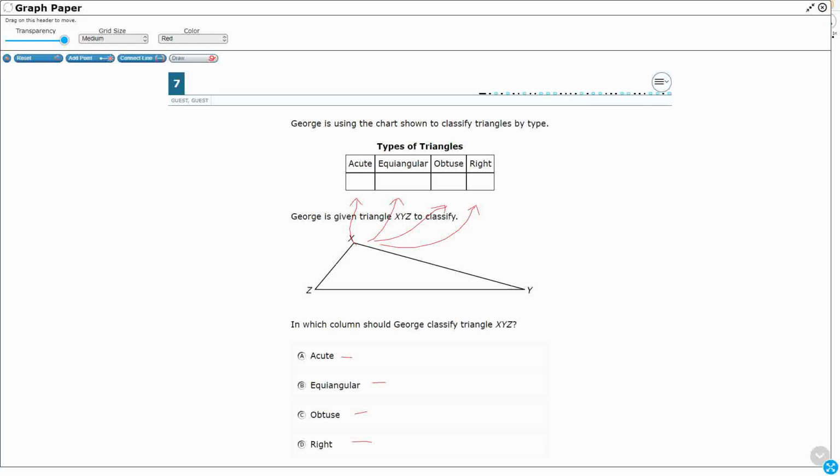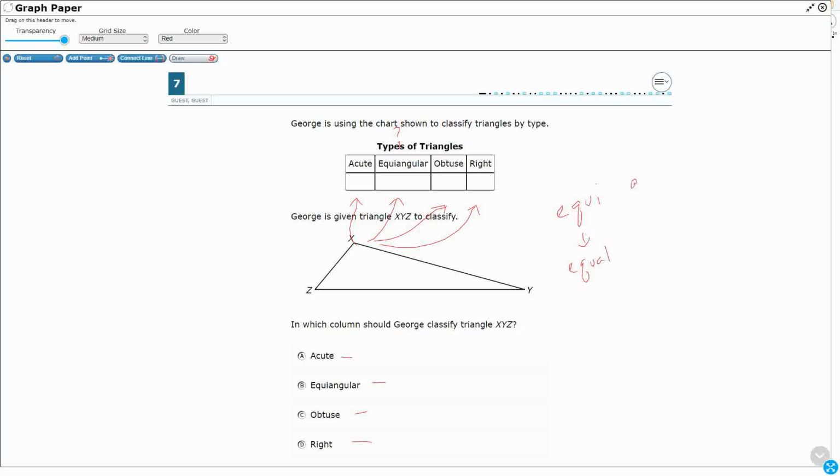Well, I am not super familiar with that term equiangular. It's not really one we probably look at a lot in the 5th grade, but we can figure out what that means, right? So equi, that prefix means equal.